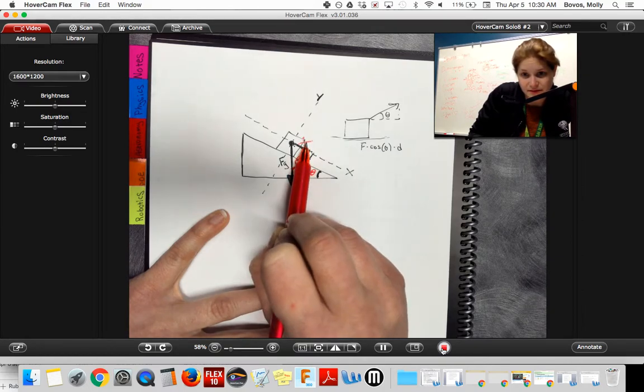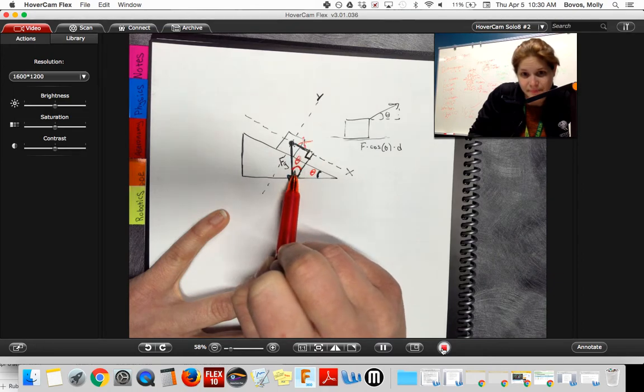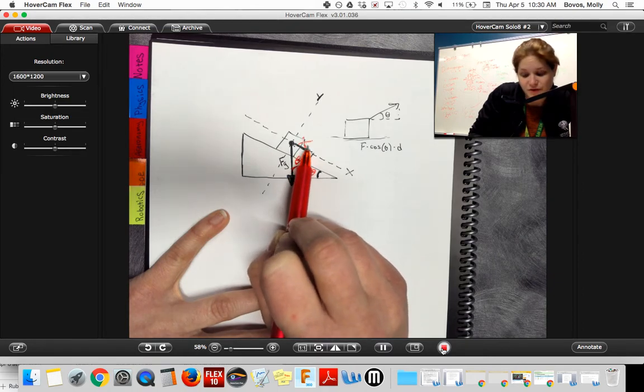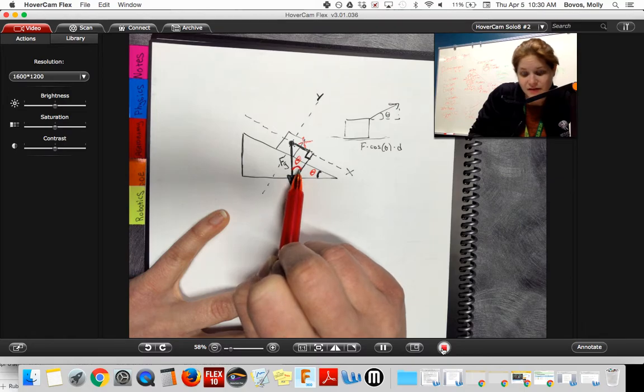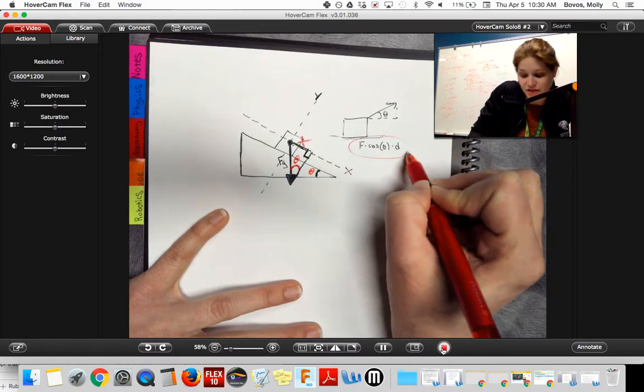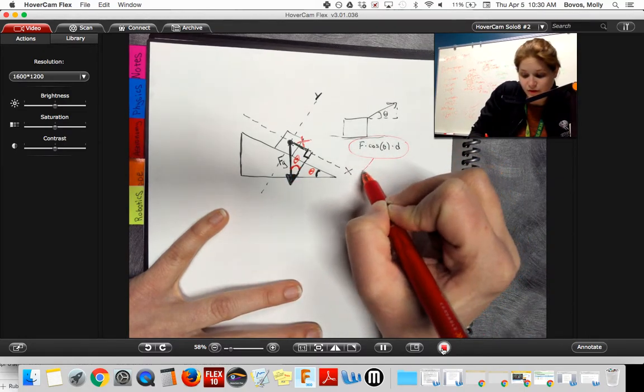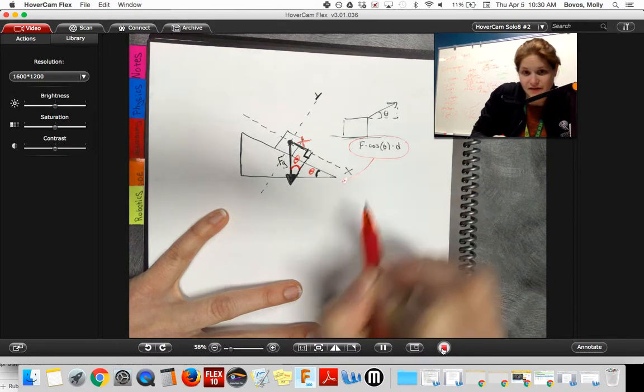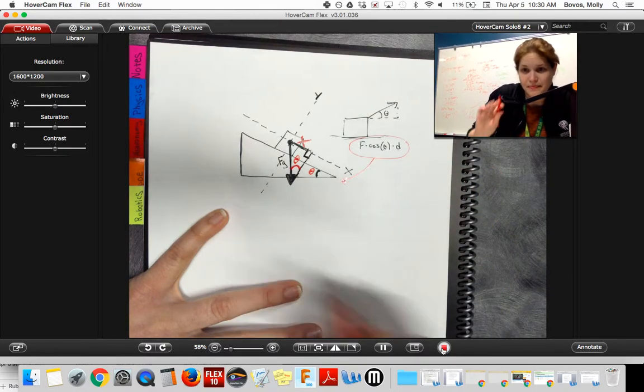It is opposite to this angle. So if you want to know how much force is acting in this direction, it's actually opposite, not adjacent. So you need to think about how we need to change this formula so it will work for this kind of a problem. Okay? That's where I'm going to leave you.